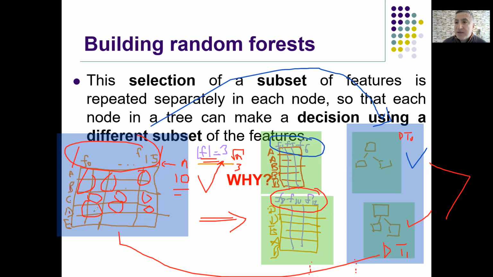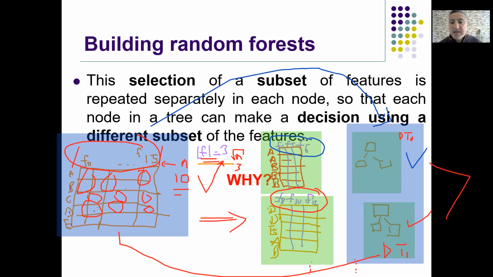For example, C, D and the feature 5 or 6, 7, for example. So we ensure that none of the decision trees in the forest can overfit the whole data set. So the total ensemble random forest cannot overfit at all. Do you understand?